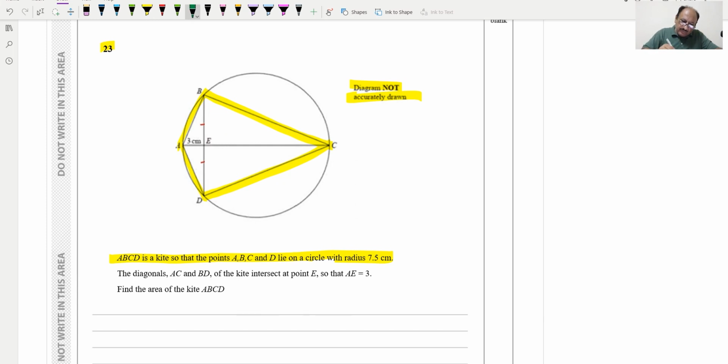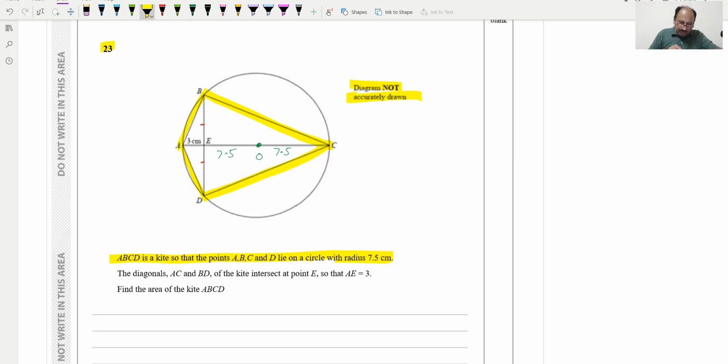If, for example, this is the origin O, then AO will also be 7.5. 7.5 is the radius.